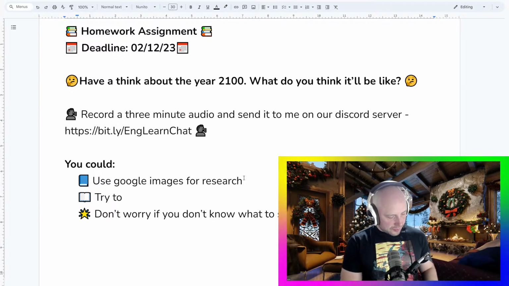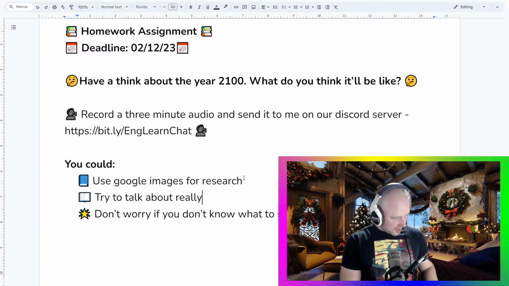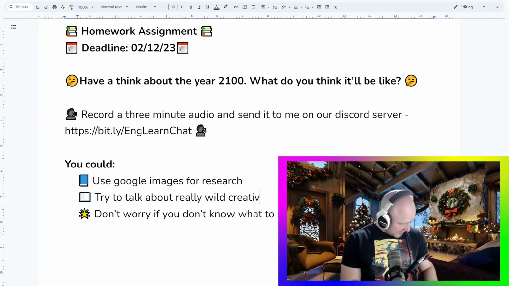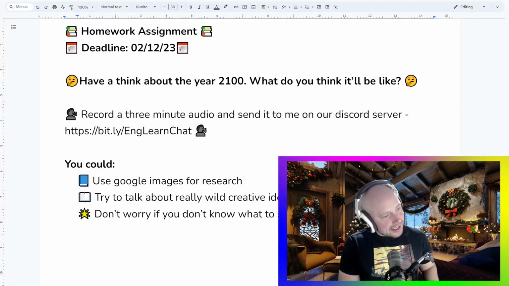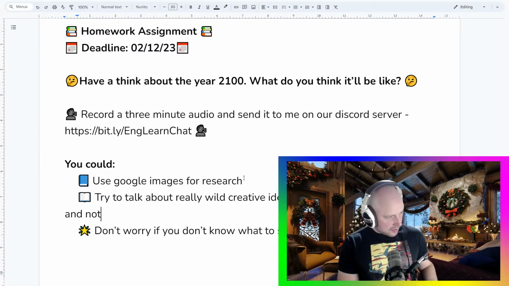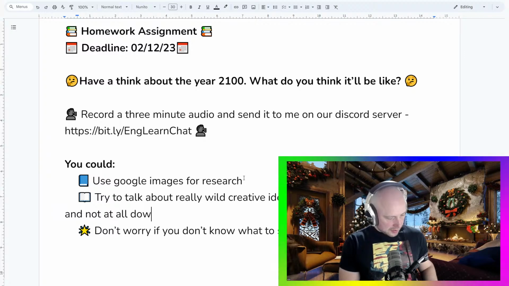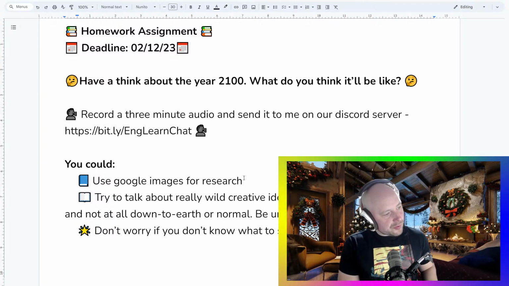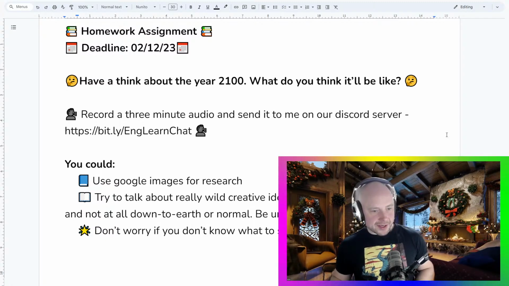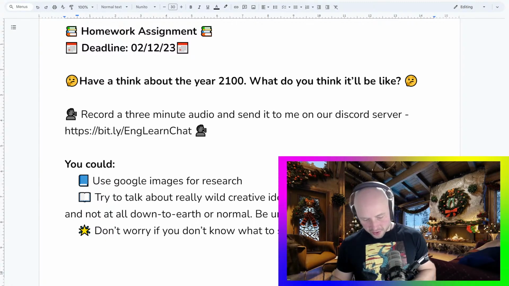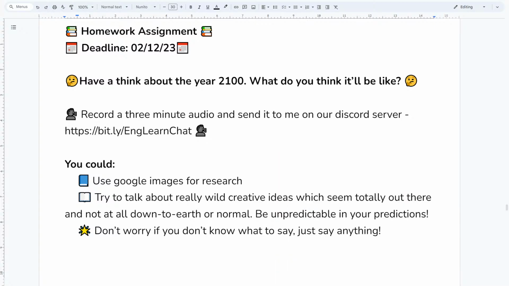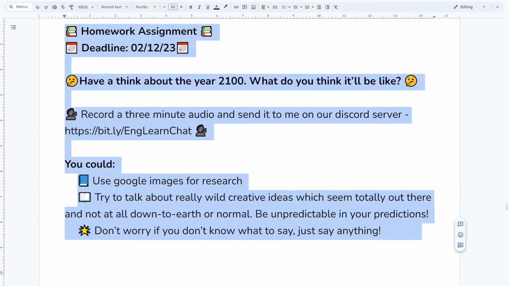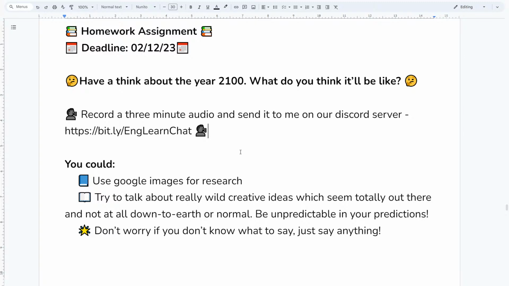Try to talk about really wild, creative ideas which seem totally out there and not at all down to earth or normal. Be unpredictable in your predictions. All right, so that is our homework for next week. So good luck with that.